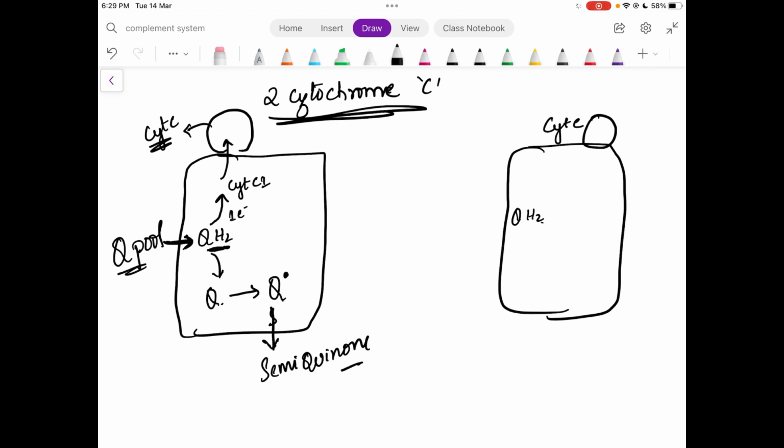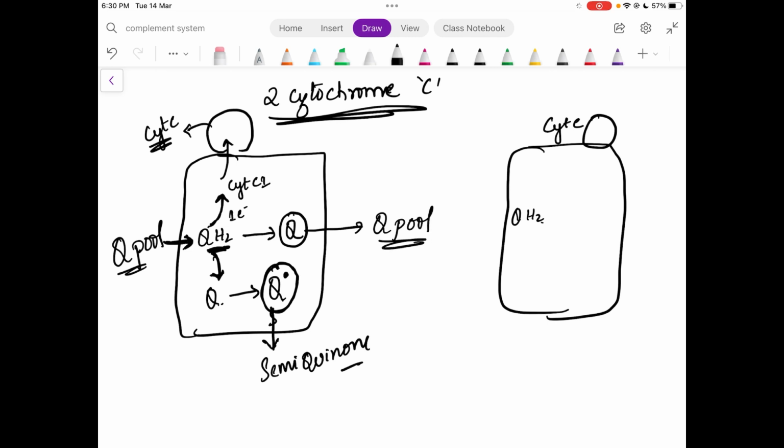This QH2 will donate one electron to Q and one electron to cytochrome C1, and it is transferred to cytochrome C. From this QH2, two electrons are transferred, and we'll get only free Q. One Q is semiquinone, one is normal quinone, and one electron is transported to cytochrome C. Okay, this semiquinone is formed due to donation of one electron to Q, ubiquinone.